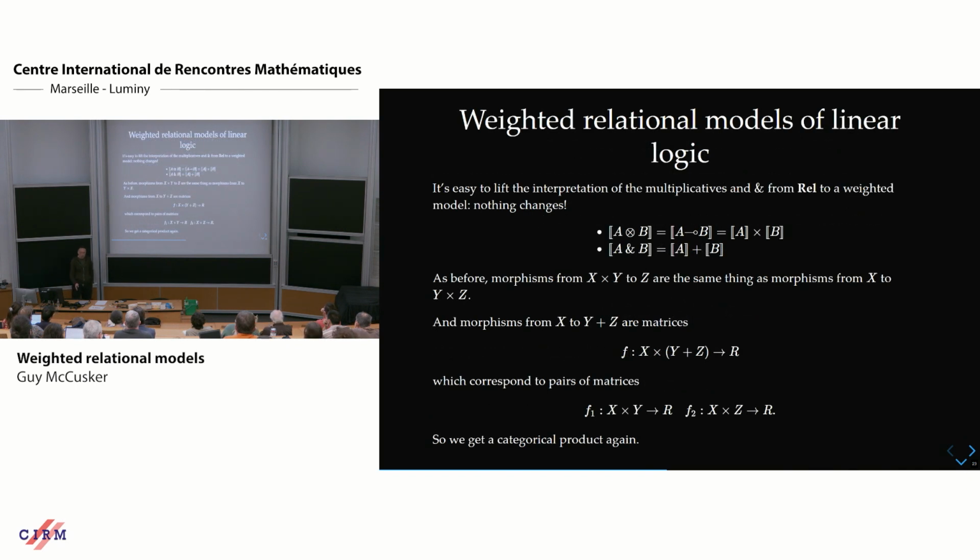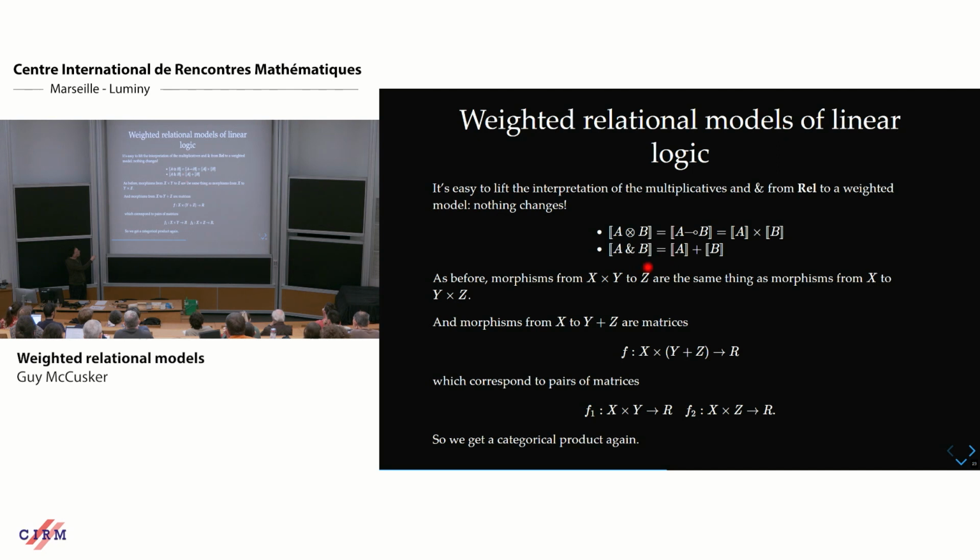So everything from the relational model is going to lift across to the quantitative version, and all you have to do is make sure you know what you're doing with the quantities, right? So at the level of formulas interpreted as sets, everything stays exactly as it was. The closed structure remains exactly as it was before.